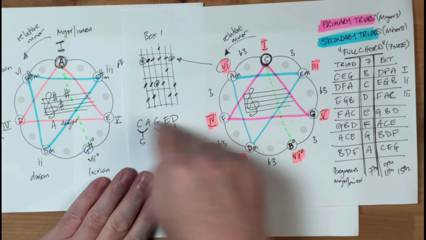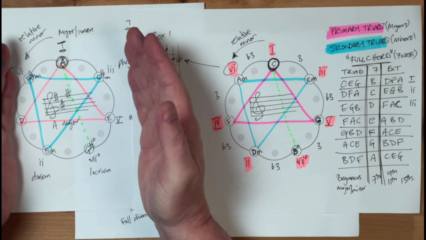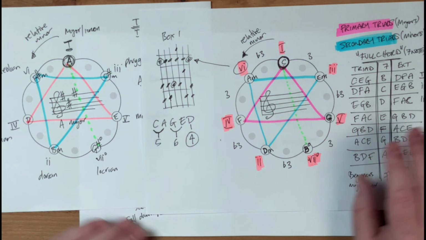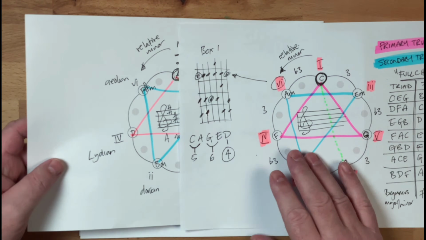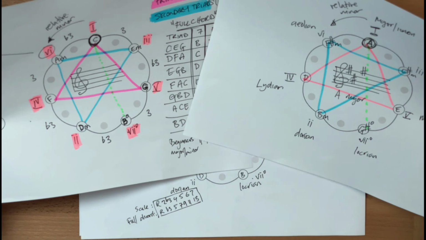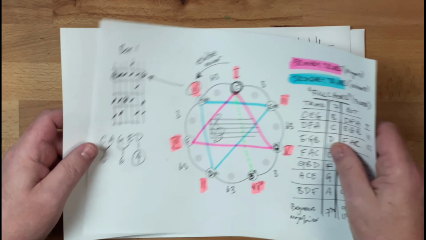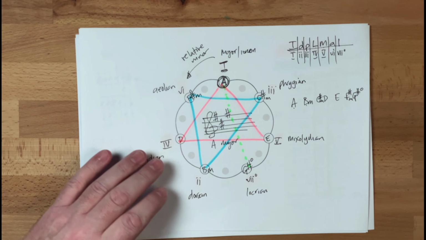It's the same pattern. It's just the alteration of adding those sharps on there, that G sharp. That G sharp is diminished. Yes, a G sharp diminished chord. So you can see how that all works there, guys. Like I say, this is why you need to know your key signatures.